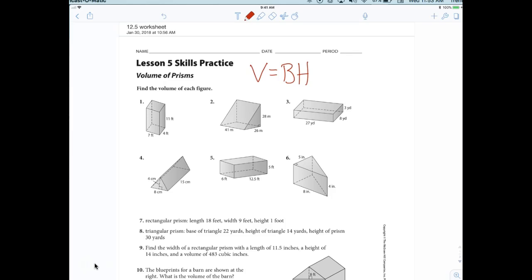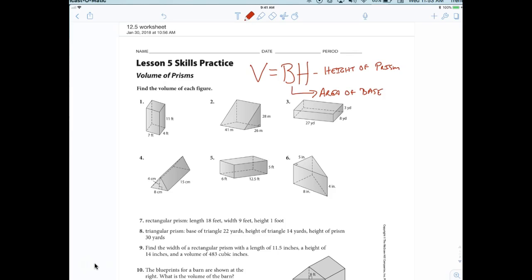I want everybody to write down under big B, that stands for the area of the base. And capital H stands for the height of the prism. Capital B stands for the area of the base. Capital H stands for the height of the prism.